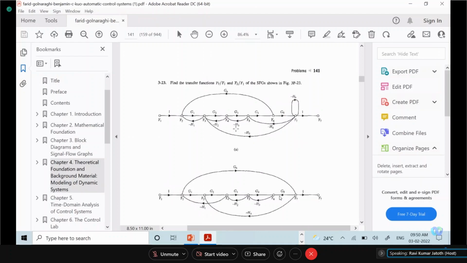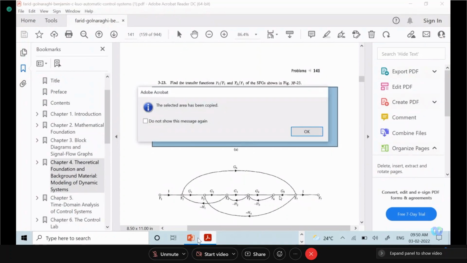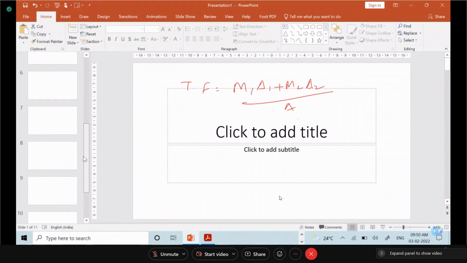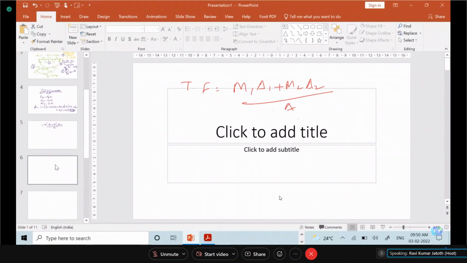See here, problem 323, Y7 to Y1 and Y2 to Y1. Very interesting problem, this one. I have a doubt whether the path coming back can be considered as a forward path or not.